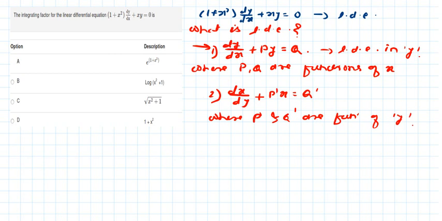This is called a linear differential equation in x. So we have two types. This is the first one, and this is the second one.